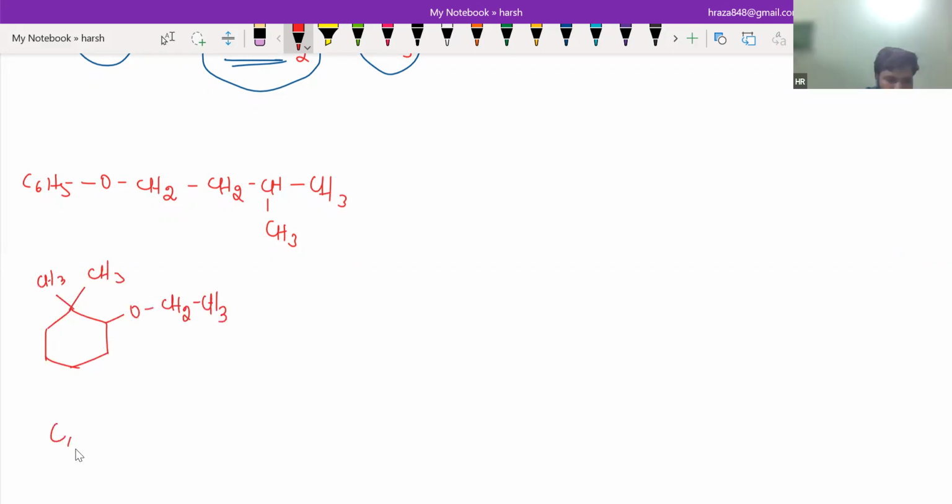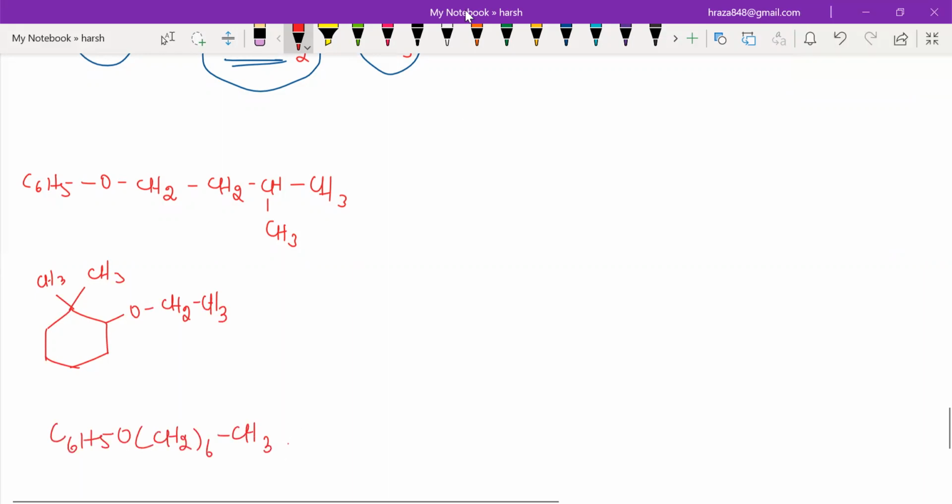Again, I'm going to give you a very good question. C6H5O, CH2 whole 6. These are all questions from NCERT. Be careful while solving.